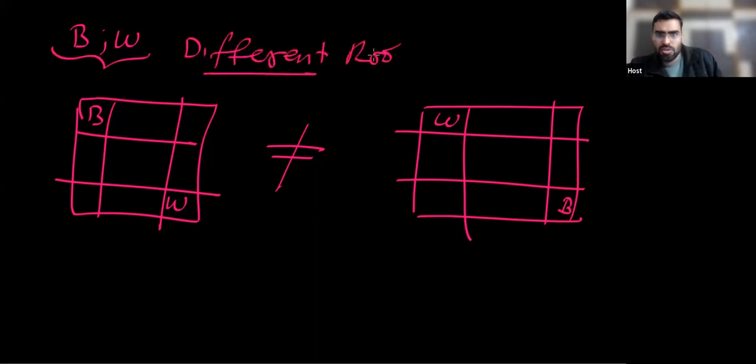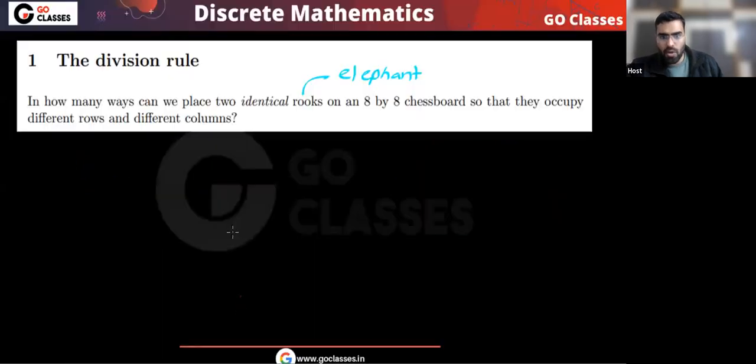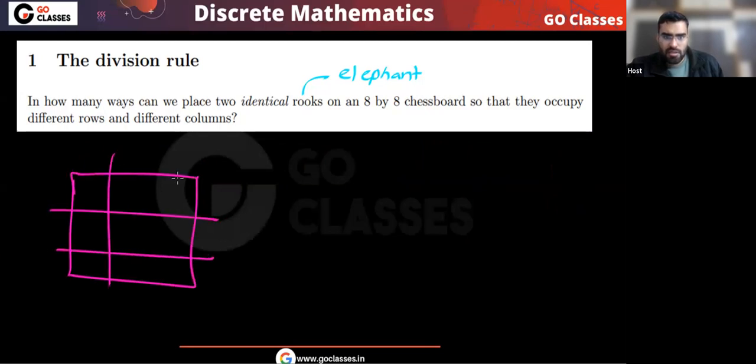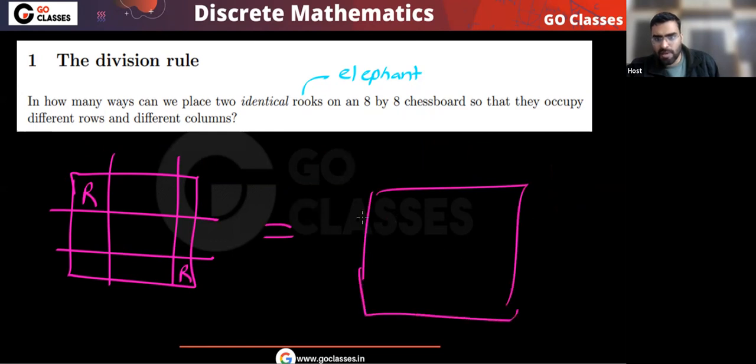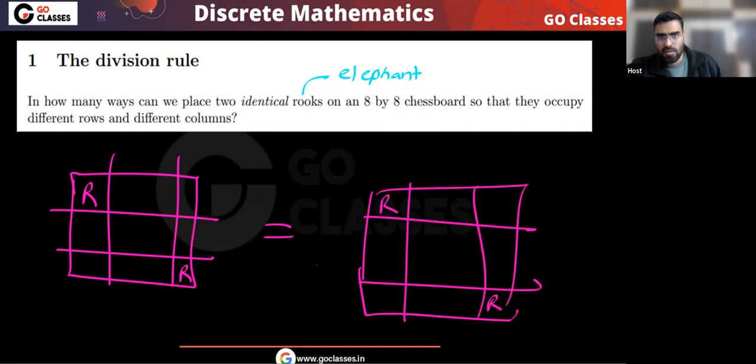But now, both these situations are the same, because each is just a rook. This is the difference here.